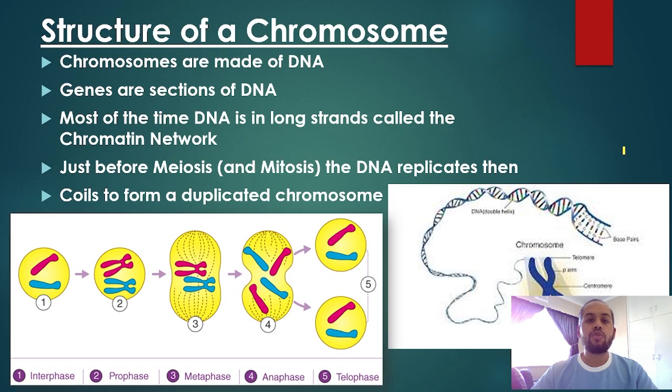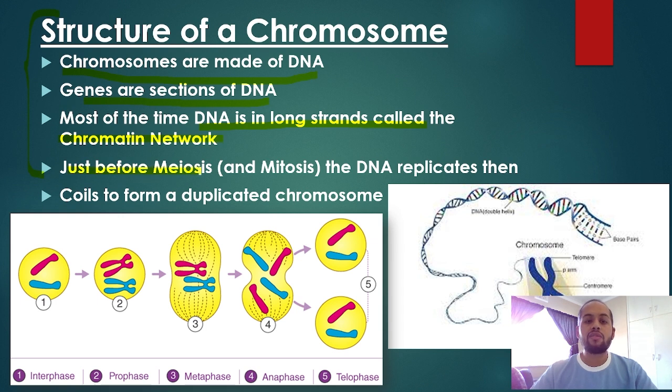We are now slowly moving over to describing the process of meiosis. But before we do that, let's just take a brief recap as to exactly what happens in the structure of a chromosome. Now, you'd have remembered in the previous topic when we spoke about DNA, the code of life, we spoke all about the chromosome. And we see that chromosomes are made up of DNA. The genes are sections of DNA. Most of the time, DNA is a long strand called the chromatin network.